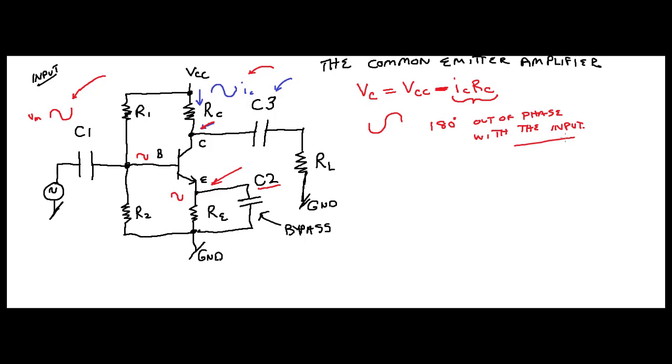All right? So those are two takeaways I wanted to make sure that you have when looking at the common emitter amplifier. One is this phase inversion we just talked about here. And the other one is that the emitter is common to both the input and the output.